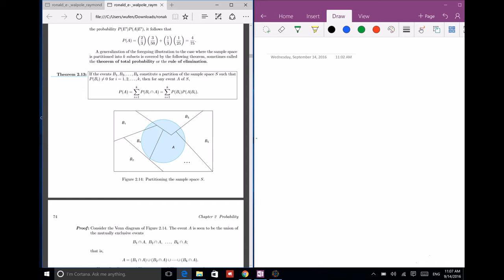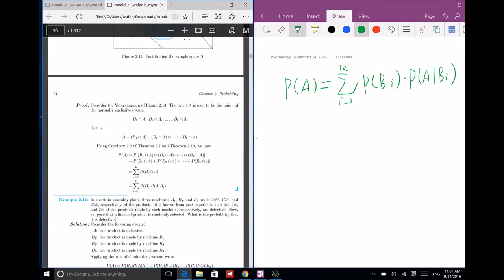Each part has a condition for A to happen. So the probability of A equals the sum from i equals 1 to K of the probability of B_i happening, and then given B_i happened, the probability of A. Okay, this is actually the combination of the conditional probability.